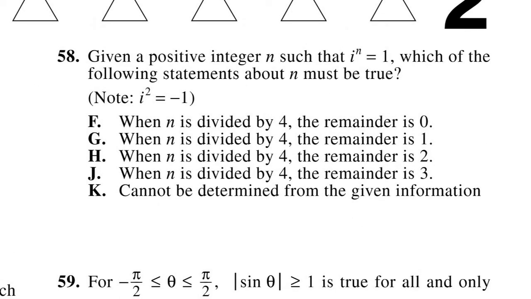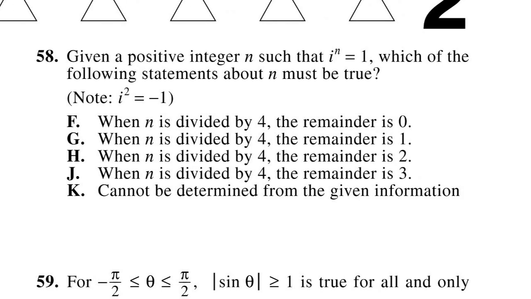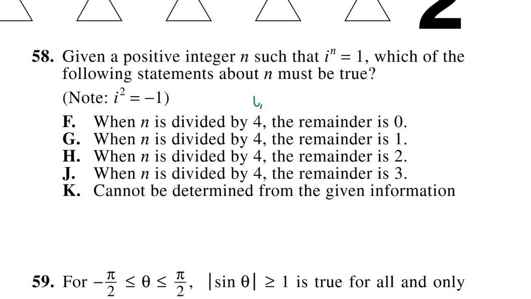Number 58. Given a positive integer n such that i to the power of n is equal to 1, which of the following statements about n must be true? So note, i squared is equal to negative 1. So if i squared is equal to negative 1, i to the fourth is equal to positive 1, because it's essentially negative 1 times negative 1.